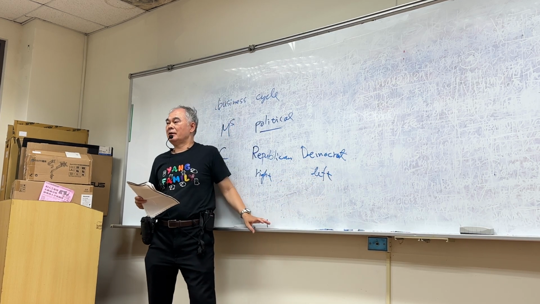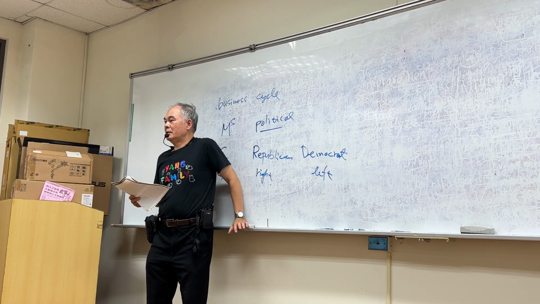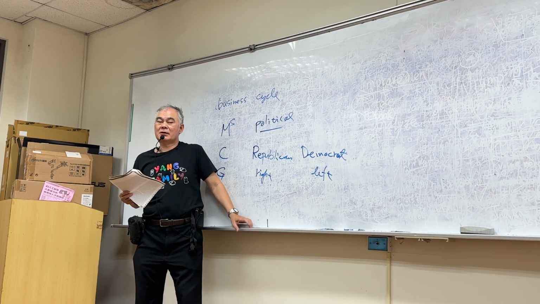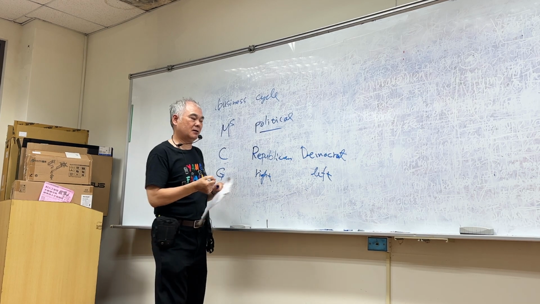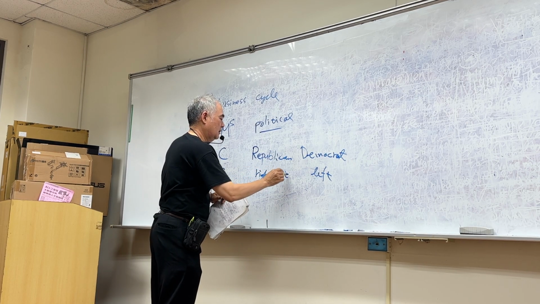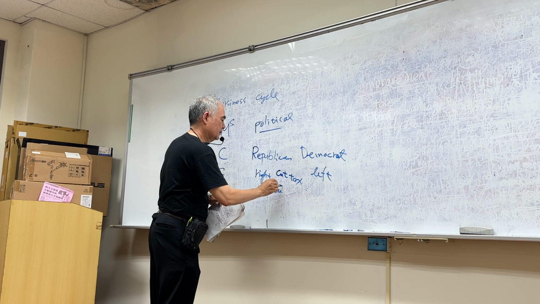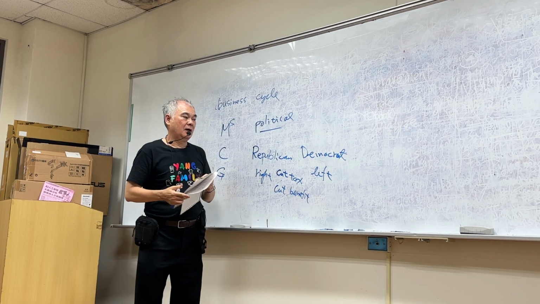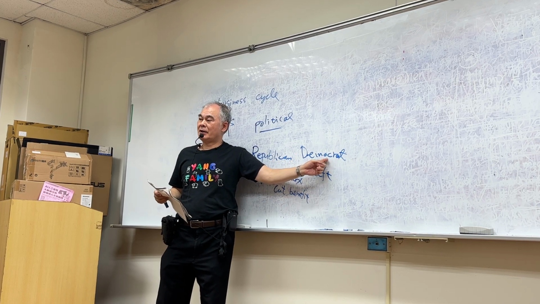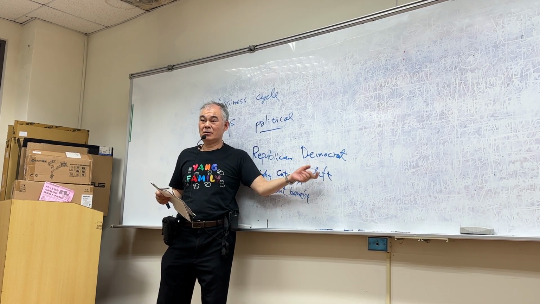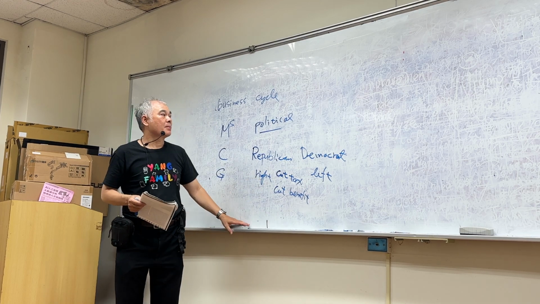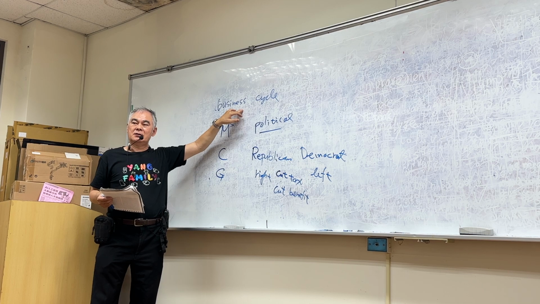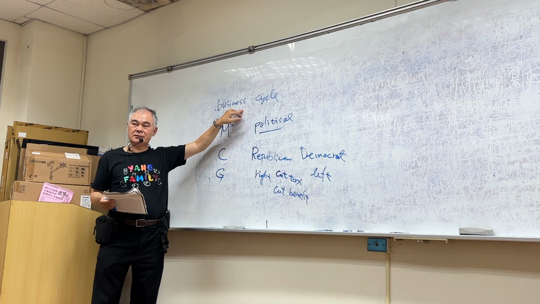So recently there is a debate in the Congress, okay? What are they gonna do? The Republicans want to cut tax, okay? They want to cut tax and also cut benefits. And would Democrats agree with that? The answer is no.